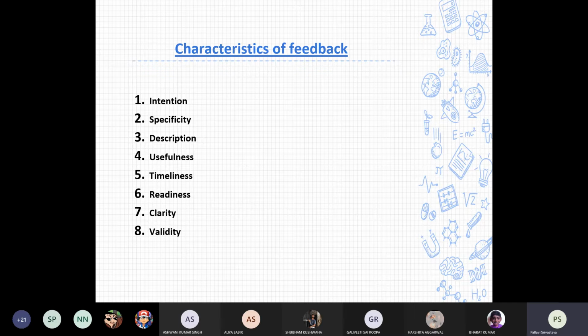First, when any feedback is given, they check the intention. So when we say that it is effective feedback, the intention should be aimed towards how the other person who receives the feedback is going to improve his performance.